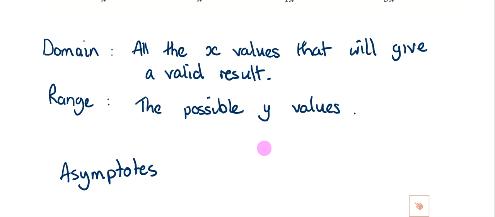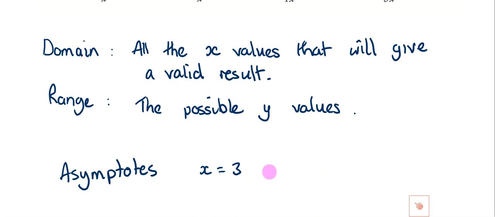Values of x or y that don't have... Not quite a full definition, but yes. If we have an asymptote, let's say an asymptote is at x equals 3, it does mean that x equals 3 cannot go into the equation. But that's not actually entirely an asymptote.